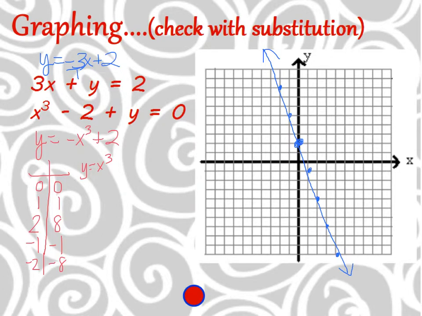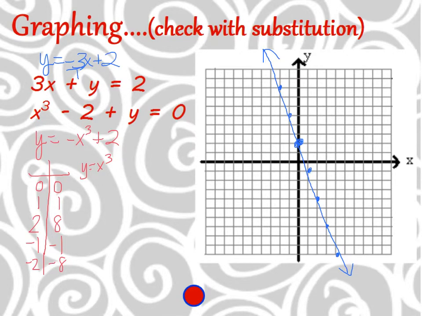Okay, so that there is the table for the parent graph. Now what you have to do is look at what have we learned about the shifting and the translation and all that with this equation. So this negative does what to my equation? Hopefully you said it's going to reflect it over the x-axis. It's going to make it look upside down. All right, what does this plus 2 do?